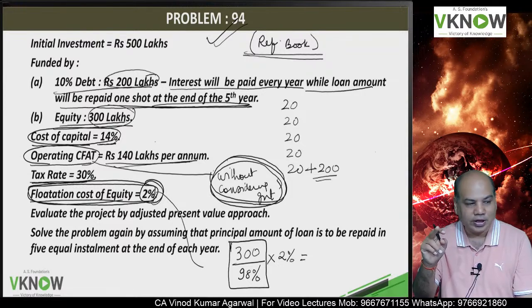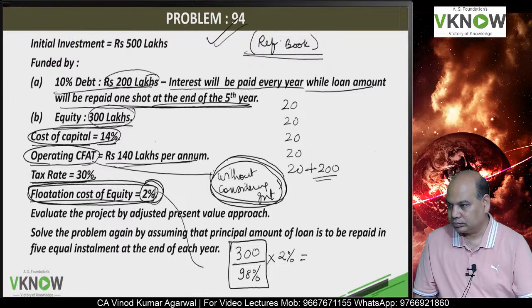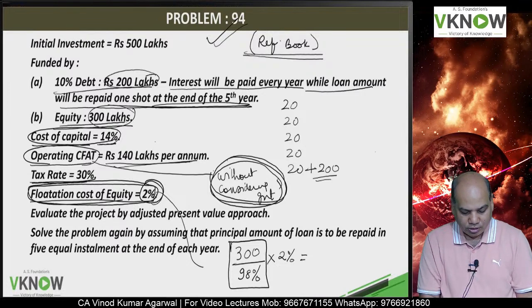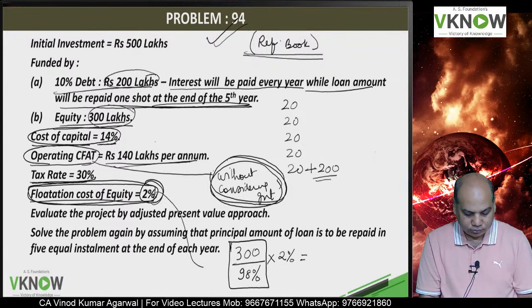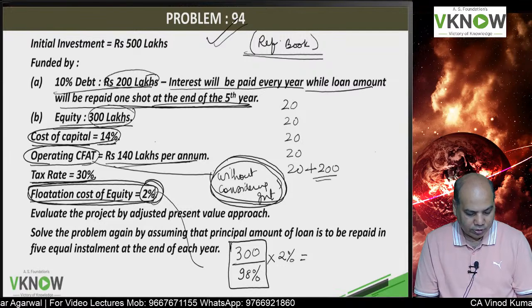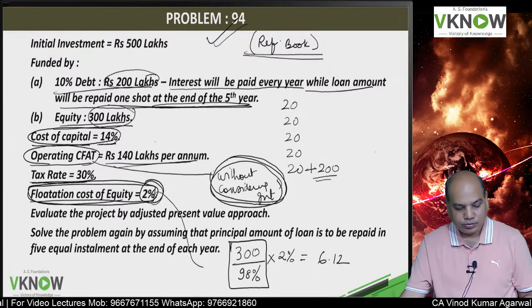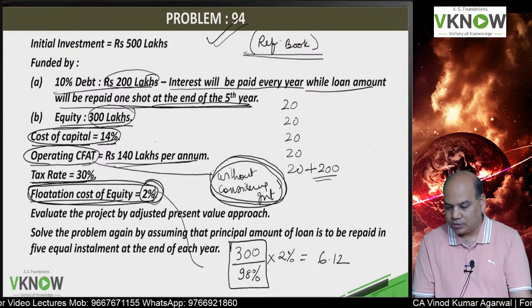So tell me, how much is that? Nobody is responding. Are you sleeping? 300 divided by 98% into 2%, so 6.12. 6.12 is right.